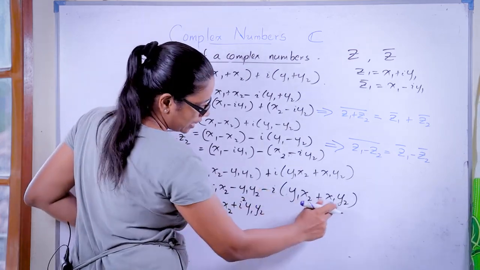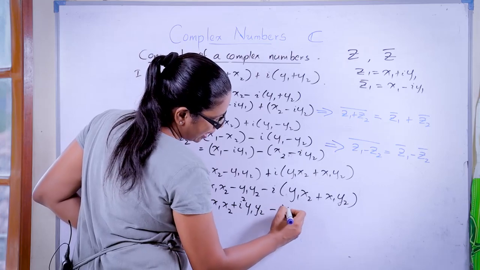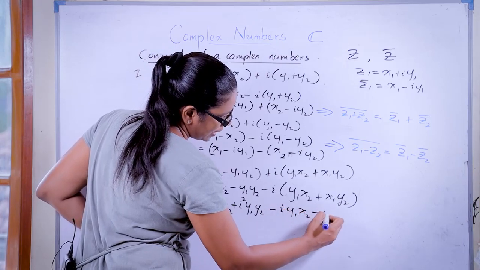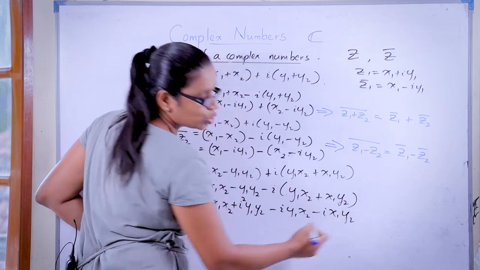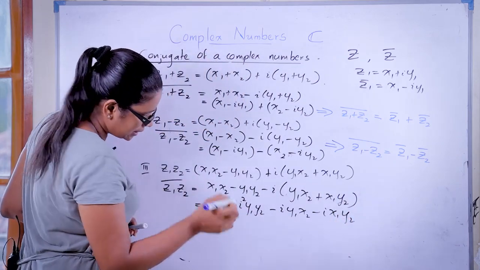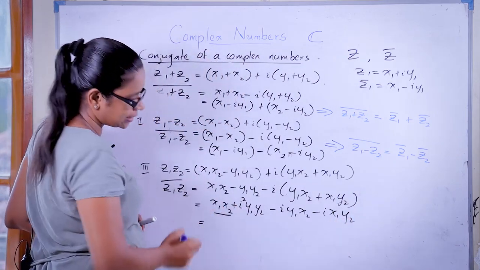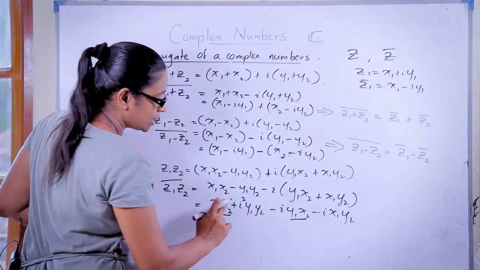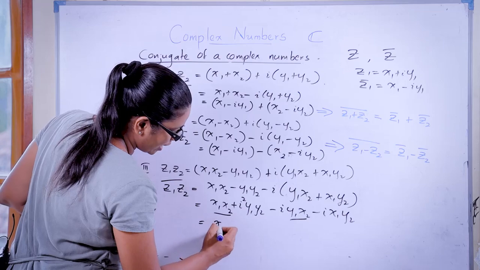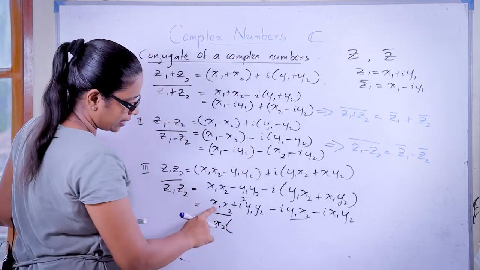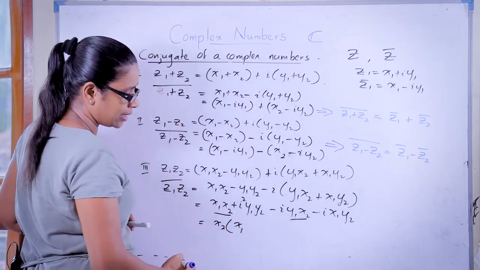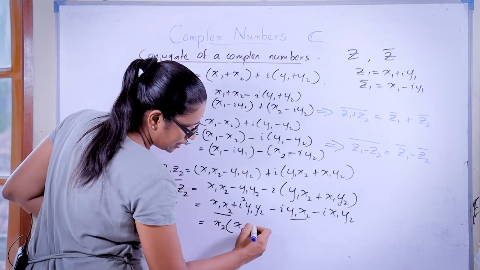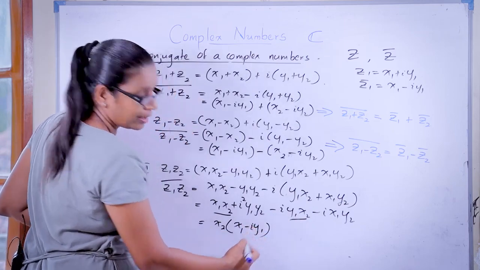Okay. Now, do the multiplication of these two terms. i y1 x2 minus i x1 y2. Okay. Now, consider this one, x1 x2. x2 is here also. So considering these two terms, I am going to write x2 in a bracket, x1 remains here and this one minus i y1 remains.